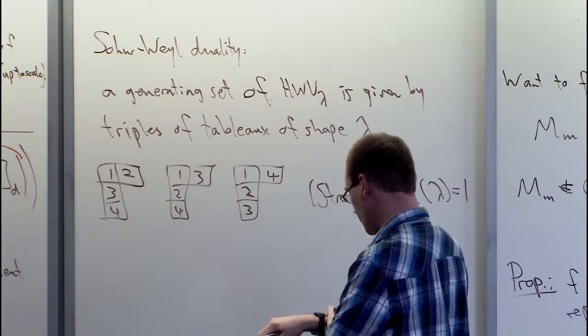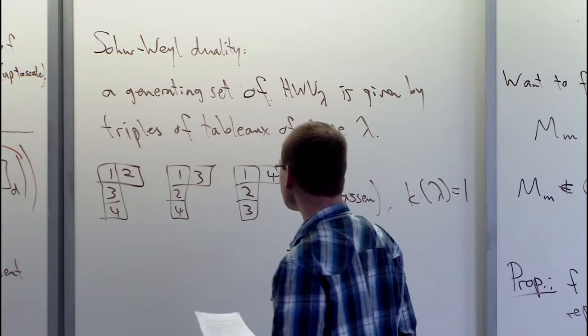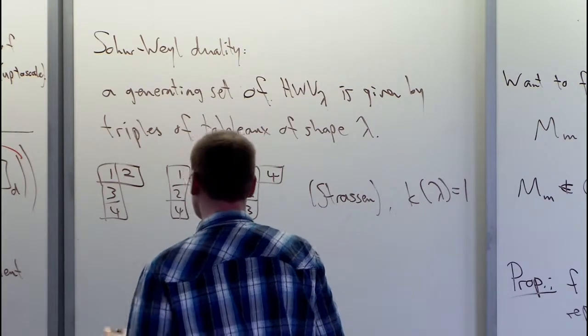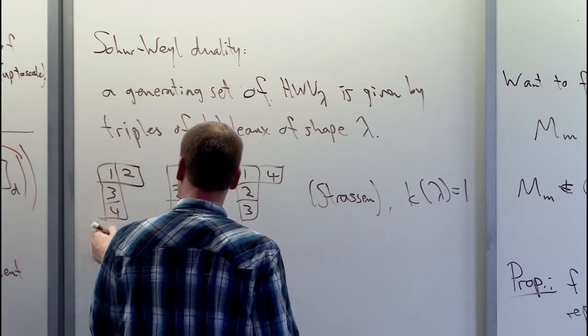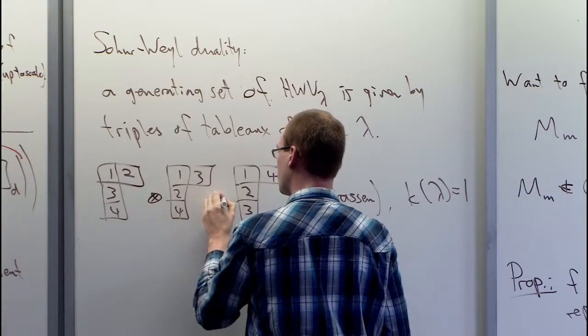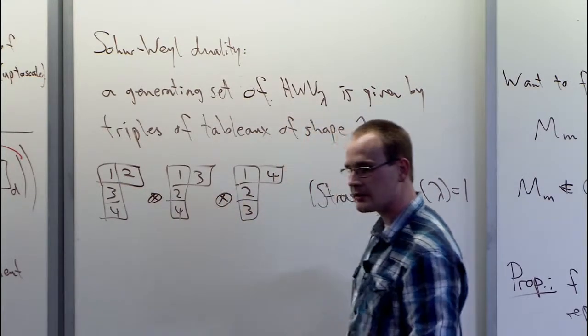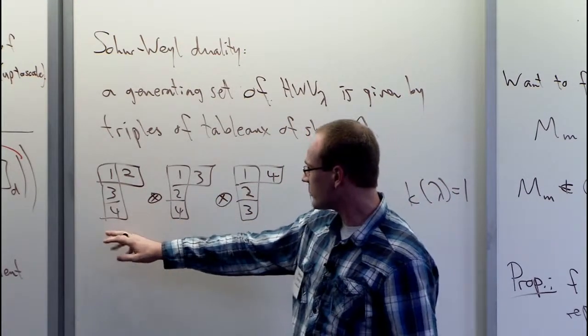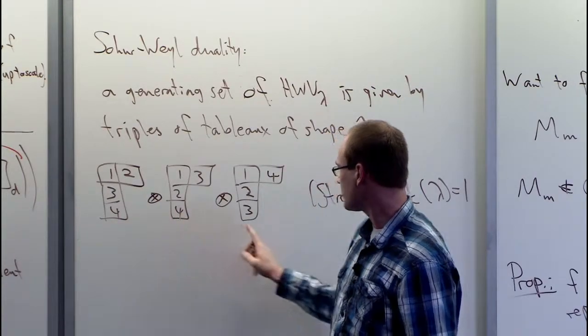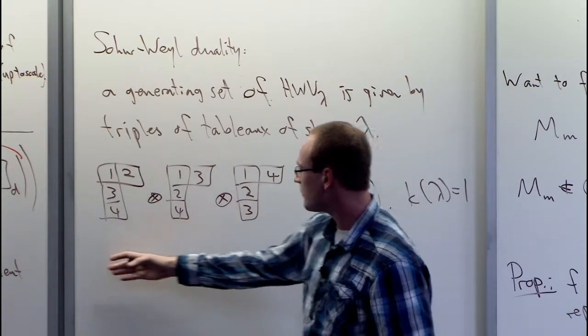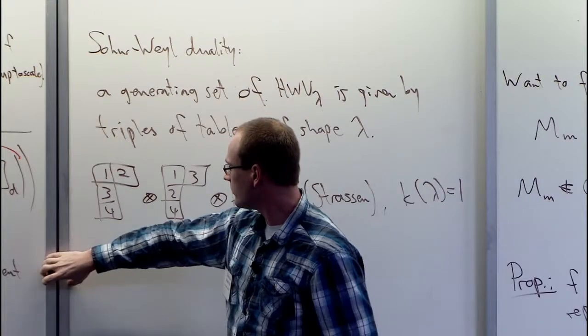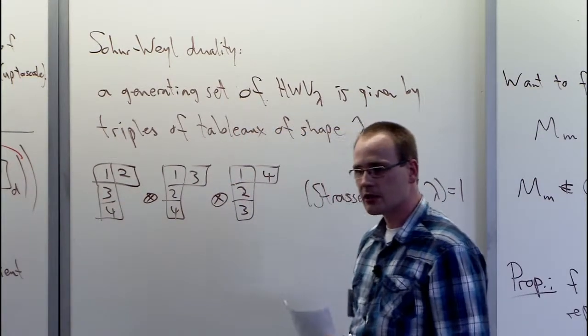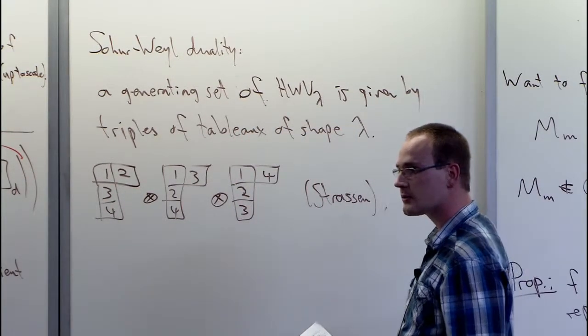So it works as follows. I want to interpret this as a tensor in the tensor space of the vector space of tableaus. So you have tableaus here, and tableaus here. And whenever I write a tableau, I want to think of it as a quotient space, quotient by the Grassmann-Plücker relations.